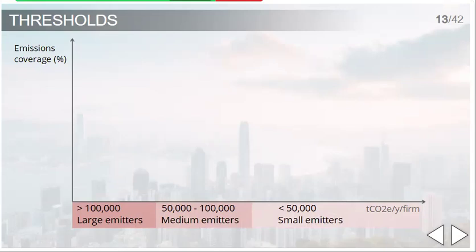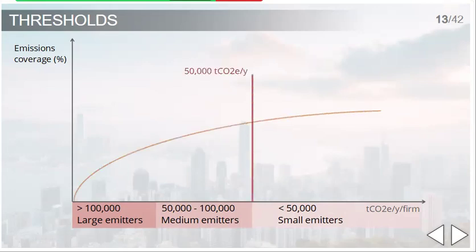Notice that by focusing the tax on large and medium-sized emitters, for instance by applying a threshold of 50,000 tonnes of CO2 equivalent per year, a carbon tax might cover 95% of the emissions. This would limit the number of firms that must be monitored to approximately half of all emitters. The appropriate threshold will depend upon the distribution of sizes of emitters in a jurisdiction.